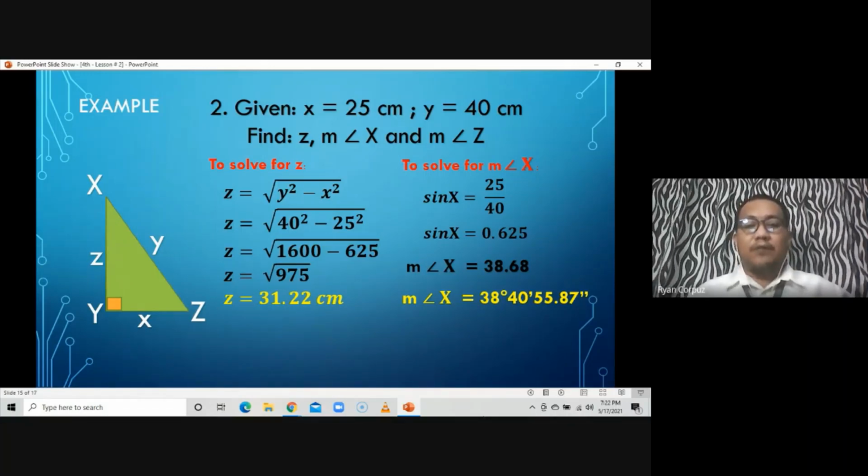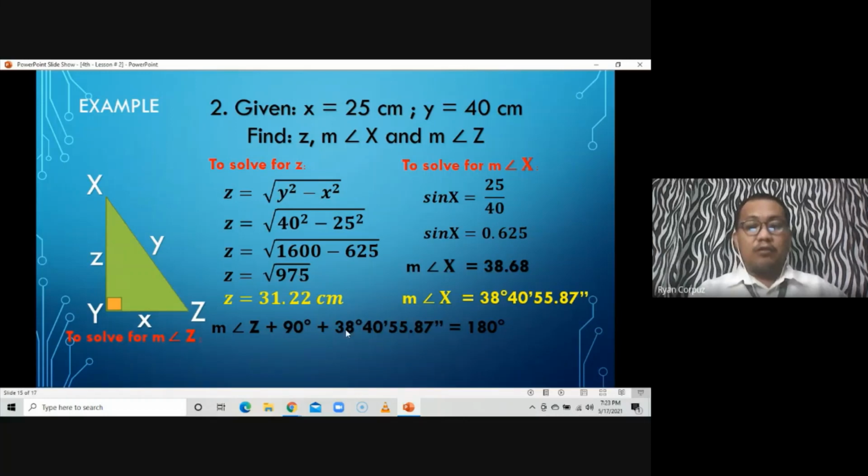So now, let's find out the measure of angle Z. To solve for the measure of angle Z, given na ulit yung dalawang measure of the angle. Itong angle na to, which is 90 degrees, tsaka itong angle na to. So just like what we did on the first example kanina, measure of angle Z plus 90 degrees plus 38 degrees, 40 minutes, and 55.87 seconds equals 180 degrees.